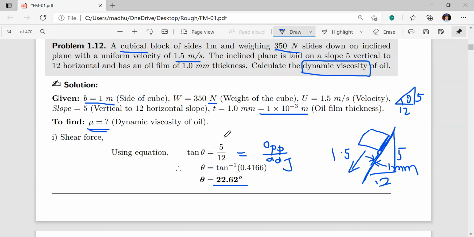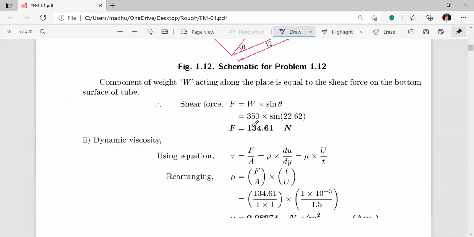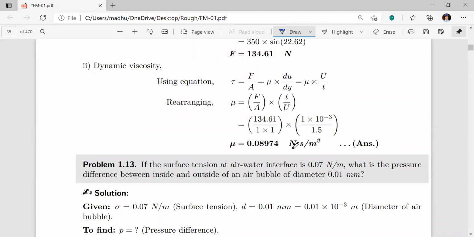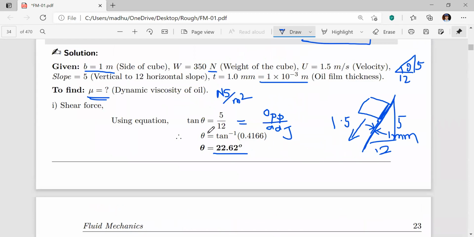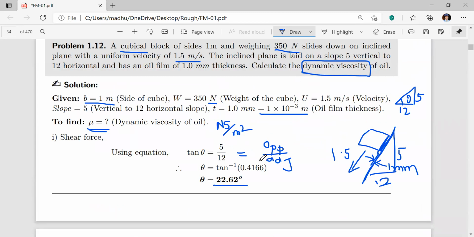Mu will be in Newton second per meter square. Yes, Newton second per meter square. Before going to this, I have calculated tan theta as 5 by 12. So as per this equation.